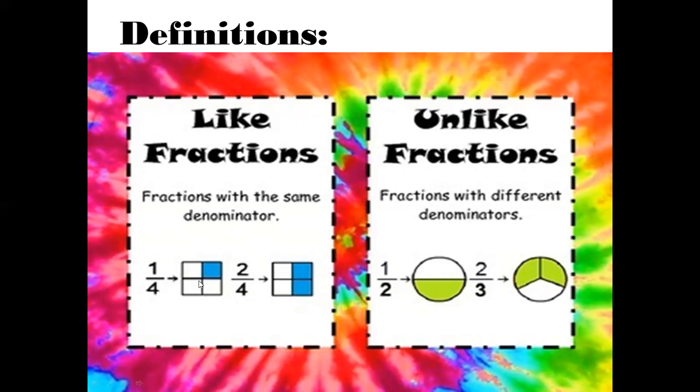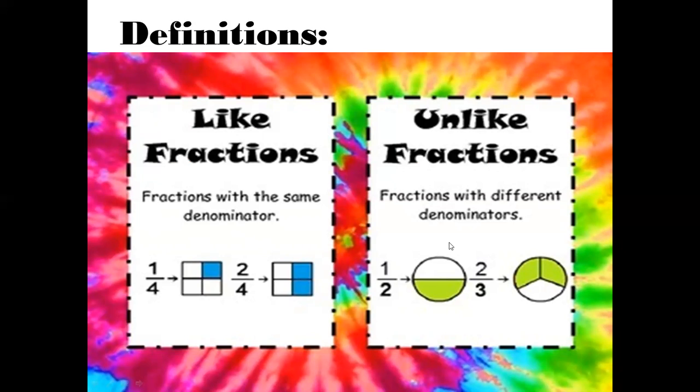Over here in this square, because only one is colored in blue, the fraction is 1 upon 4 or 1/4. And over here, out of 4, only 2 boxes are colored, that means 2 upon 4. What you can notice is that these two are divided into 4 equal parts, so the denominator is same, that is 4. So they both are like fractions.